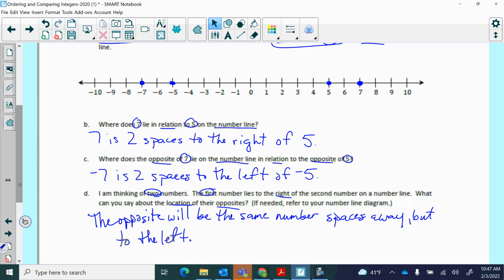And everybody visualize that. Same number of spaces. Forgot the of.